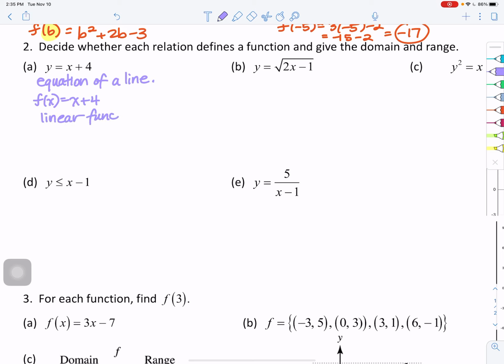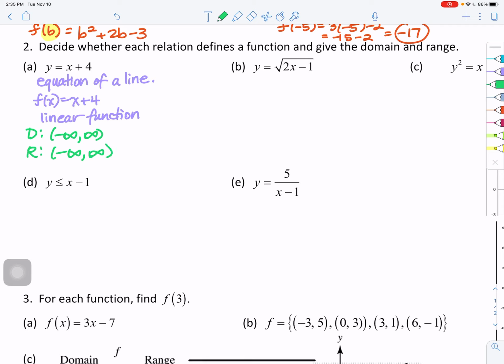I'm going to tell you that all linear functions have a domain and range of all reals. So the domain and the range is negative infinity to infinity.